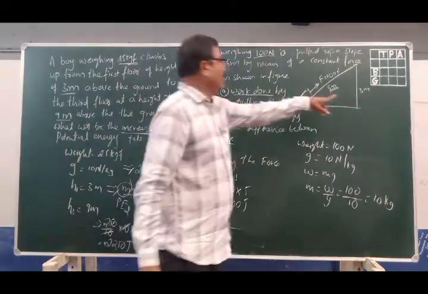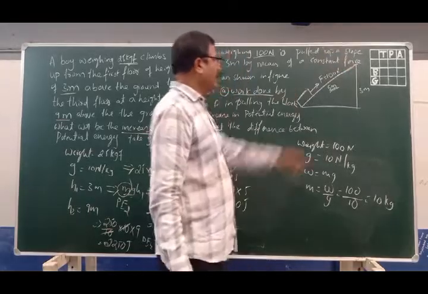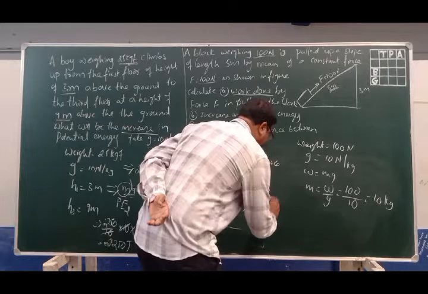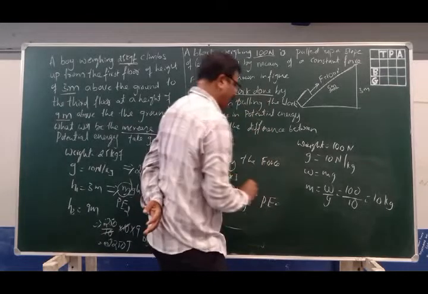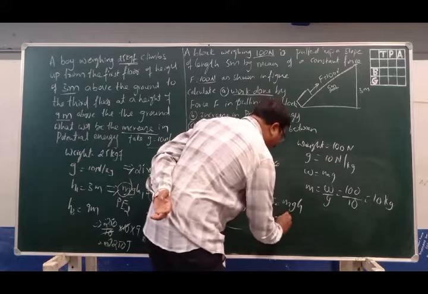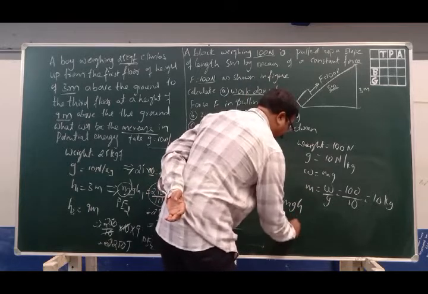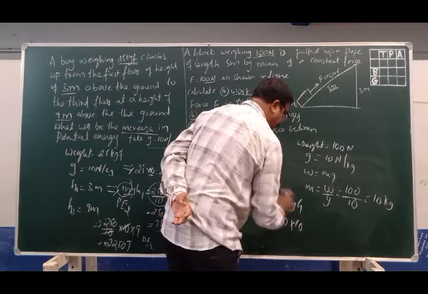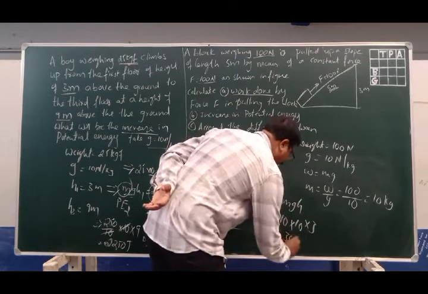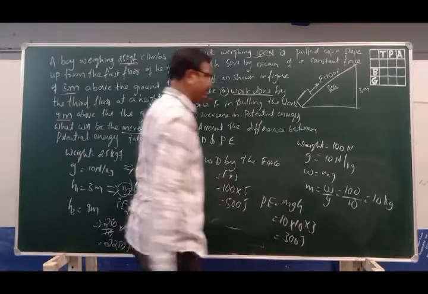Now let us calculate the potential energy. The potential energy gained by the body is mgh: 10 kg into 10 Newton per kg into 3, so that is 300 joules.